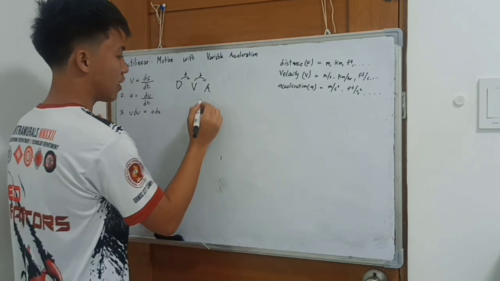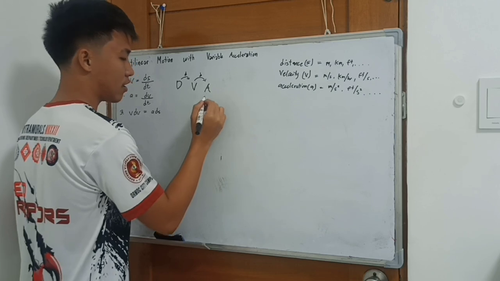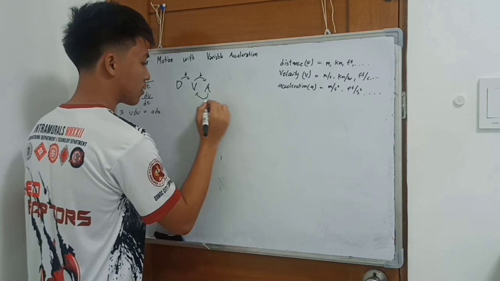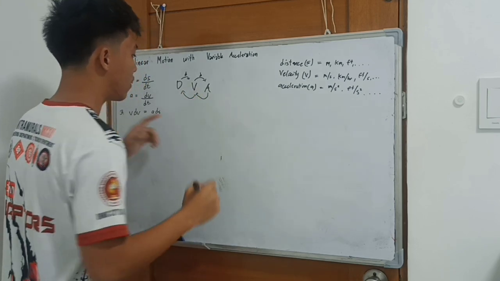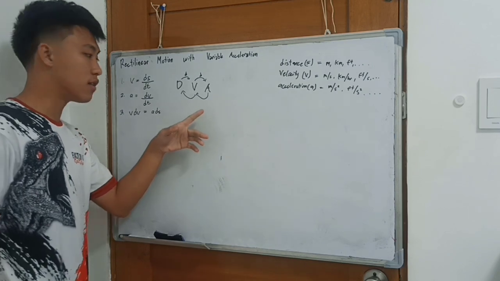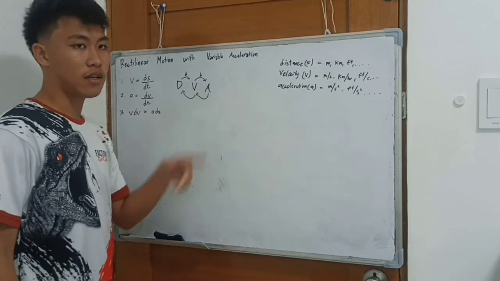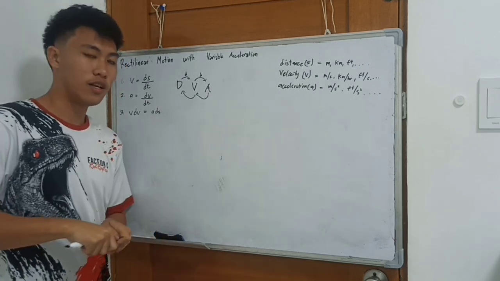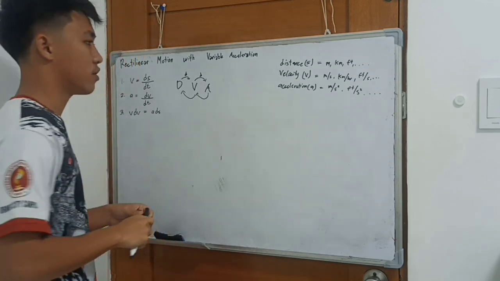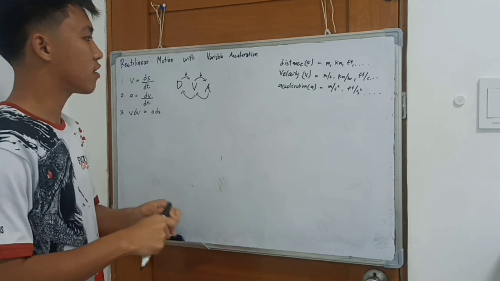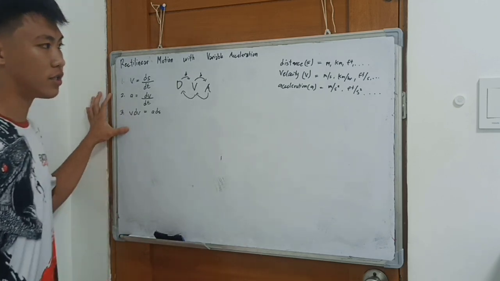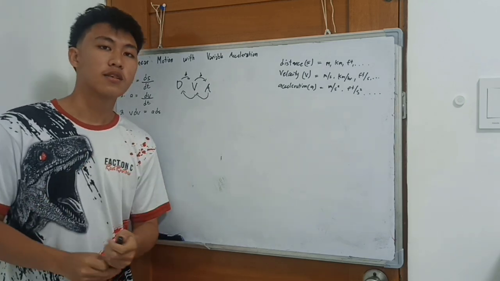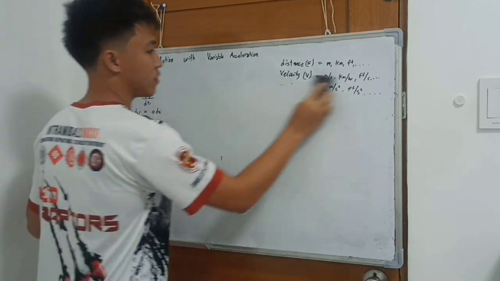And we can do it backwards: we integrate, so we can get the velocity if the given is the acceleration equation with a time function. To apply this concept, we have to answer the examples. Let's start.